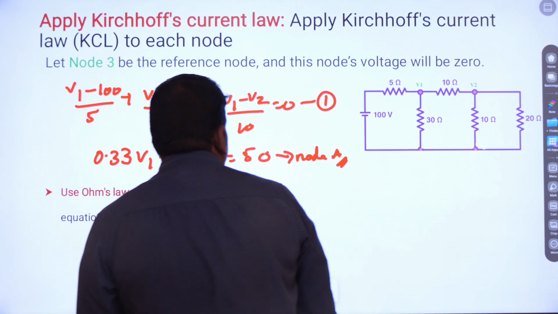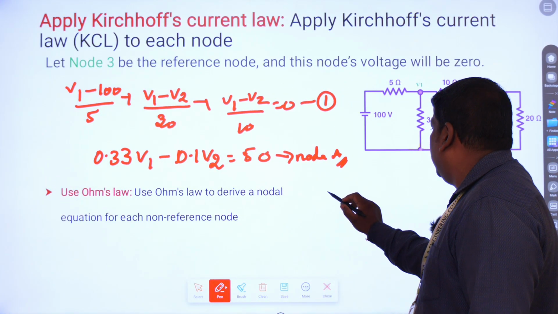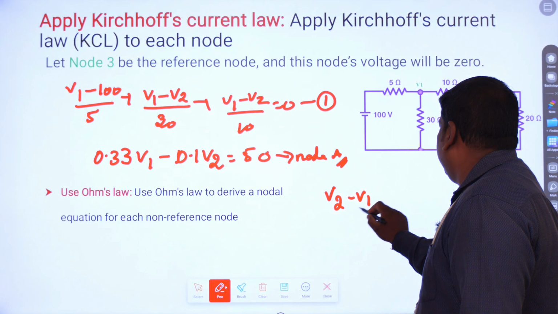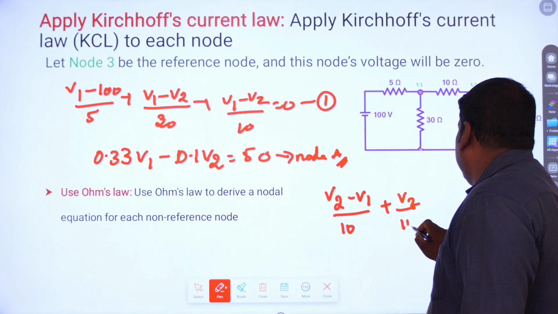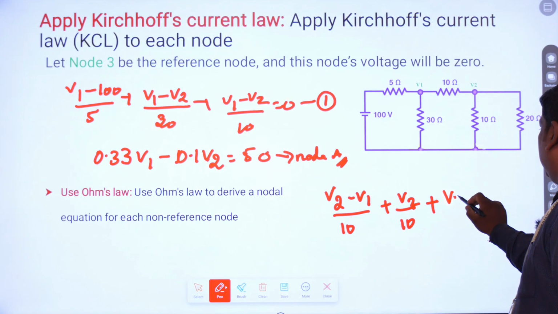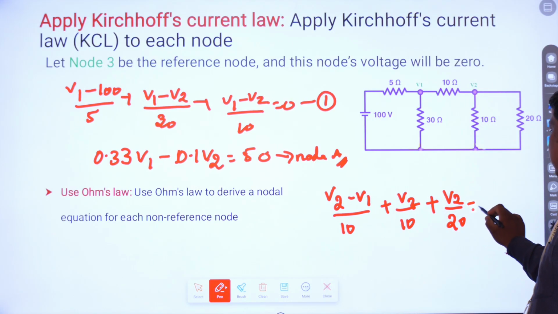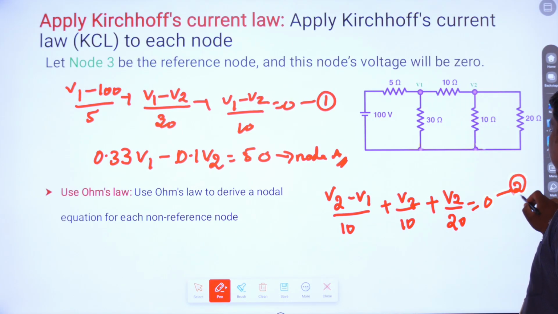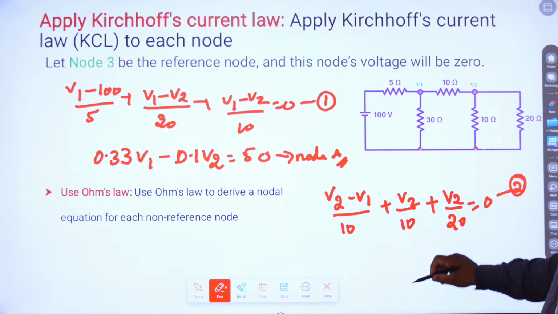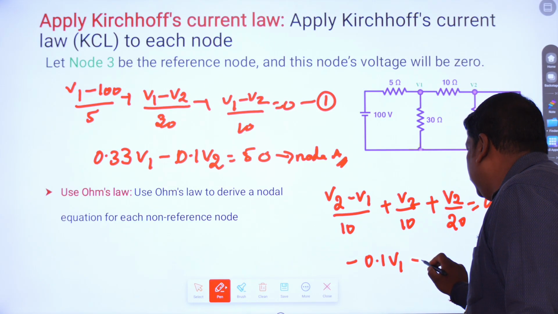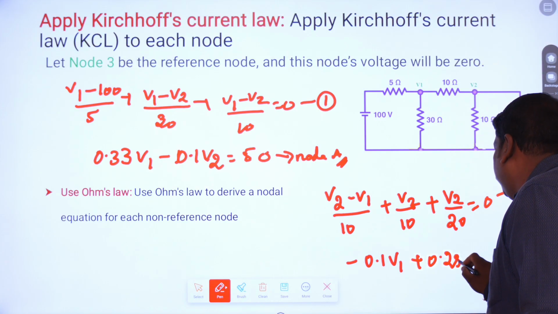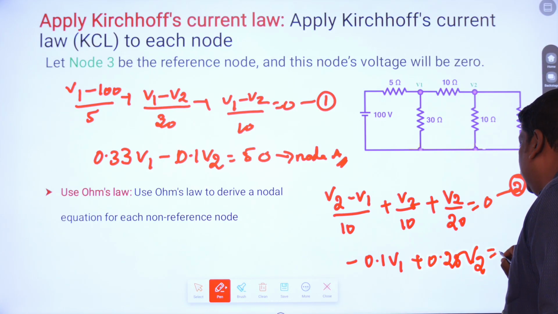Same thing when we go for your second node: V2 minus V1 divided by 10 plus V2 divided by 10 plus V2 divided by 20 is equal to 0. If we simplify this second equation, we will get minus 0.1 V1 plus 0.25 V2 is equal to 0.